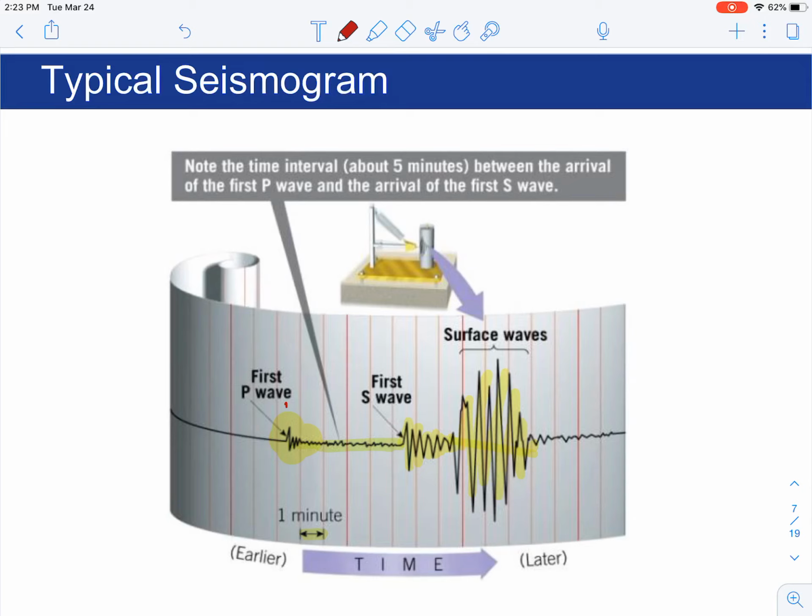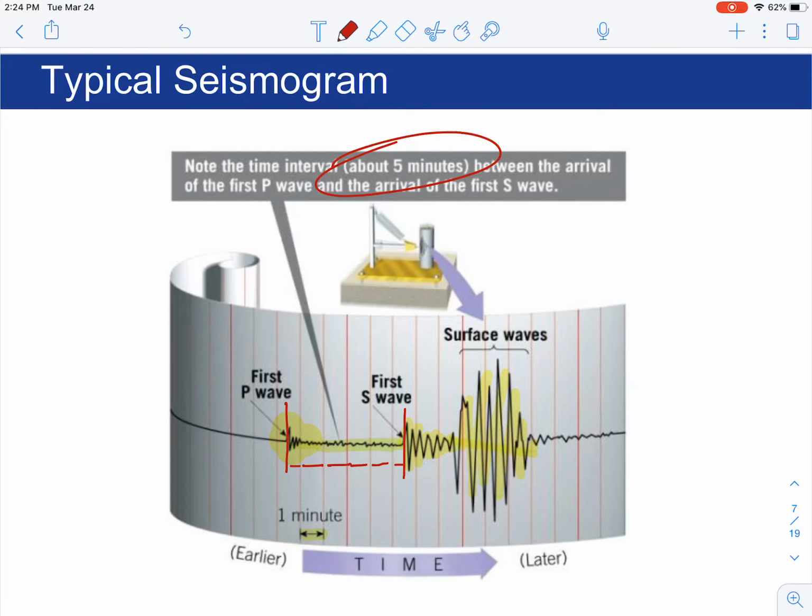So here's the arrival of the first P wave, and then here's the arrival of the first S wave. If each one of these bands represents 1 minute, this would be 1 minute, 2 minutes, 3 minutes, 4 minutes, and then 4.5 or 5 minutes total. So there's 5 minutes lag time between the arrival of the first P wave and the first S wave.